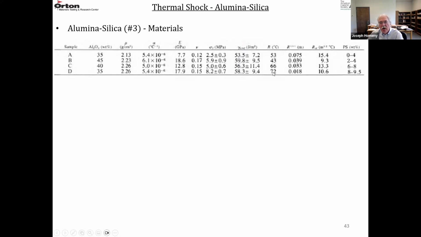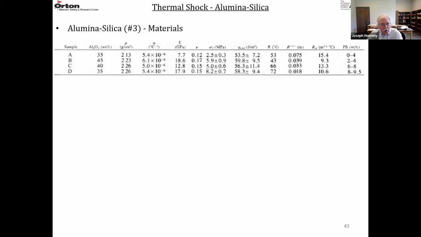Then they calculated R, R4 prime, and RST. So R is in degrees C. This is the delta T needed to start a crack growing. R4 prime is in meters, and RST is in meters squared degrees C. And then this is the percent weight loss during the thermal shock test.